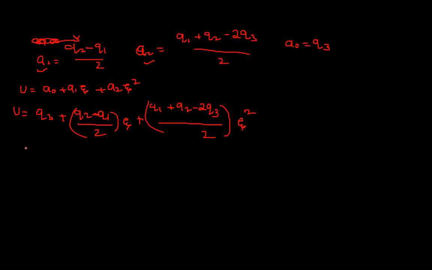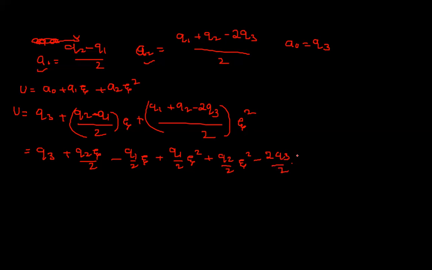If I elaborate this equation, this will be q3 plus q2 times zeta divided by 2 minus q1 by 2 into zeta. Continuing to elaborate, it is possible to write q1 by 2 times zeta square plus q2 by 2 times zeta square minus 2 times q3 by 2 into zeta square. Here the 2 gets cancelled.